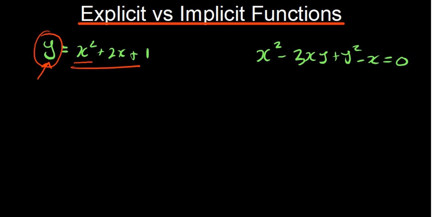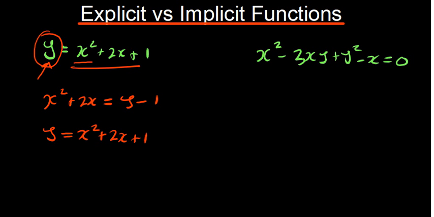So if we're able to get a function, in whatever form, for example, if this could have been given in the form, let's say, x squared plus 2x is equal to y minus 1, I could have been given it in that form. But if I'm able to write that function in terms of y, this is just going to be y is equal to x to the second plus 2x plus 1.